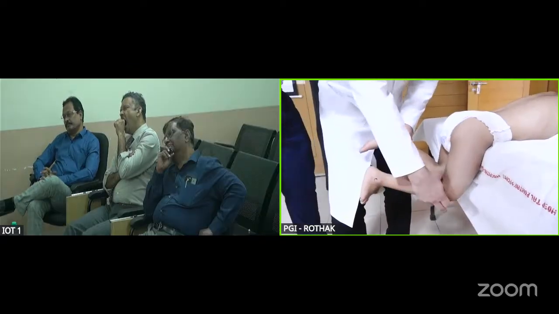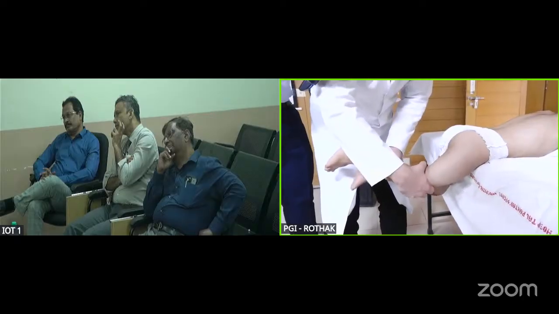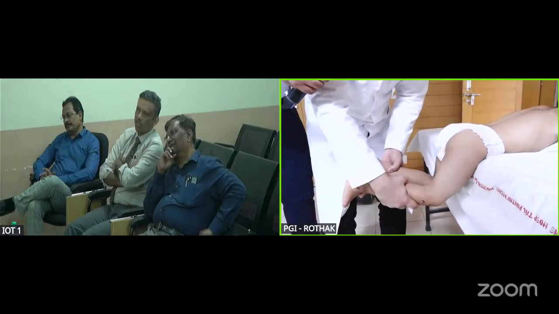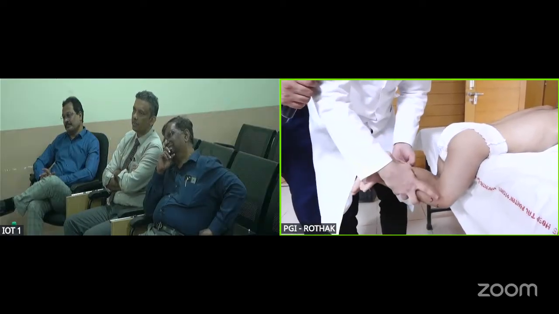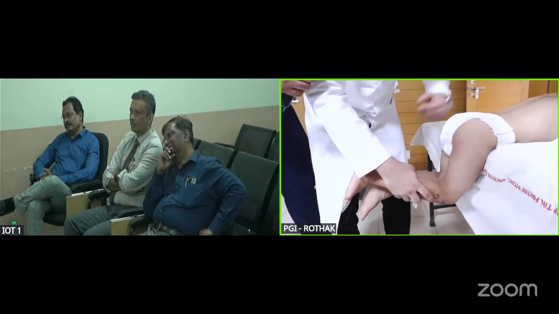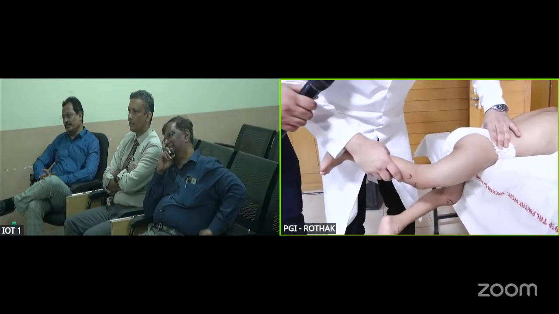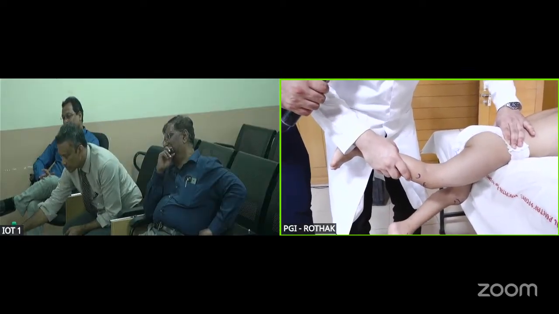Sir, on the right side it is 20 degrees and the left side is... So you are not able to extend beyond that. Wait, don't do it like that. The pelvis might move. Fix the pelvis with one hand. Try to extend. Yes, that's it. This is the deformity on the left side.